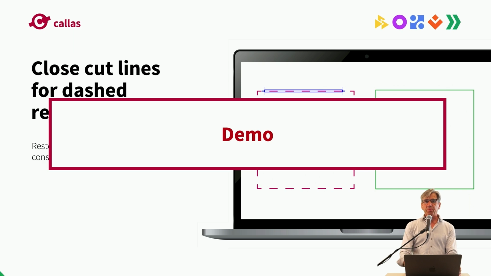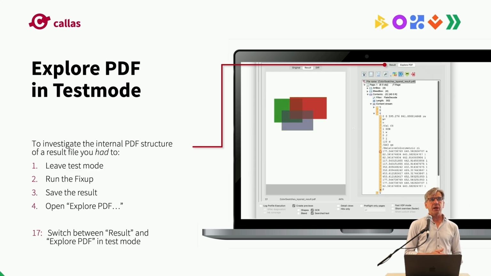And that brings us back to our presentation and to the next thing that I want to mention, and that is test mode. It's for the ones who once in a while want to look into the inner structures of PDF files.